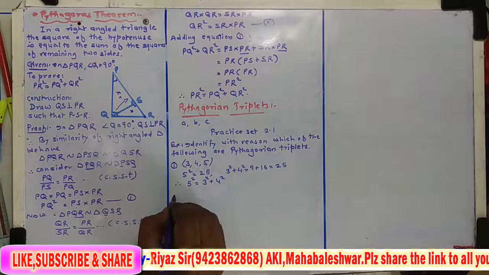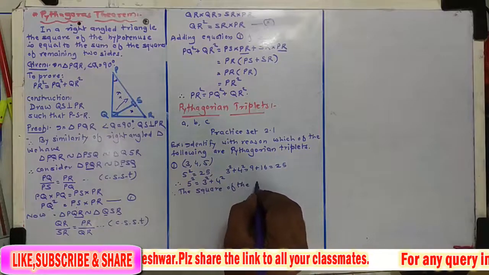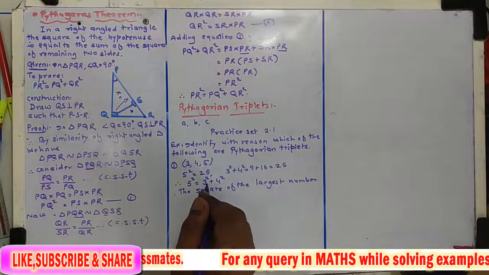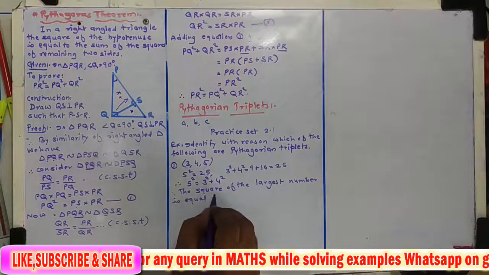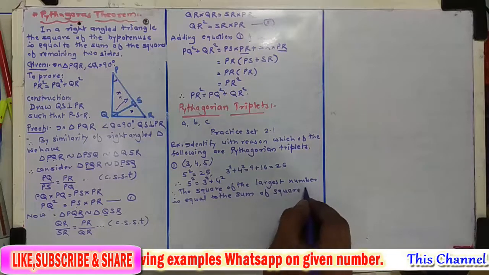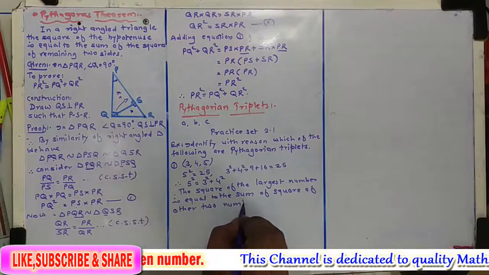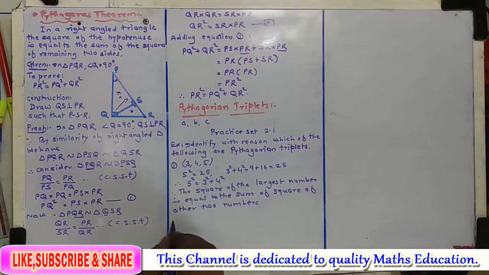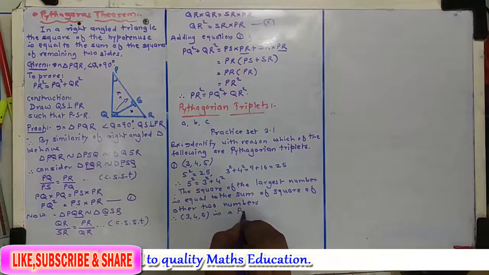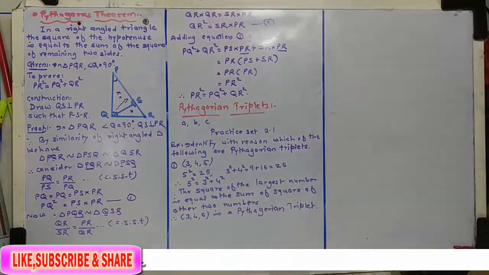So here we write the reason: since the square of the largest number is equal to the sum of squares of the other two numbers, therefore 3, 4, 5 is a Pythagorean triplet. Okay, so in this way we have to solve this example.